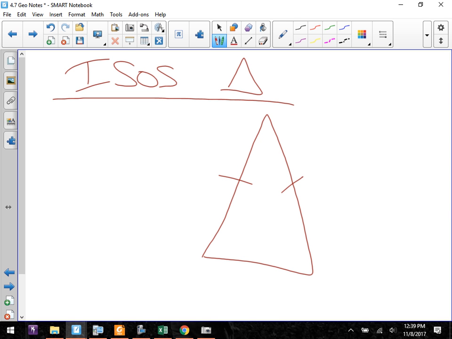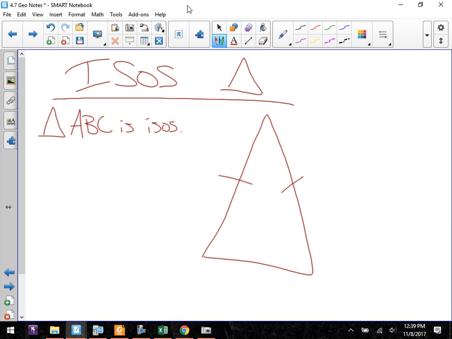One thing that might be a little bit new is how you would label an isosceles triangle. For example, guys, if I say that triangle ABC is isosceles, there's a couple of things that you can infer from that statement.